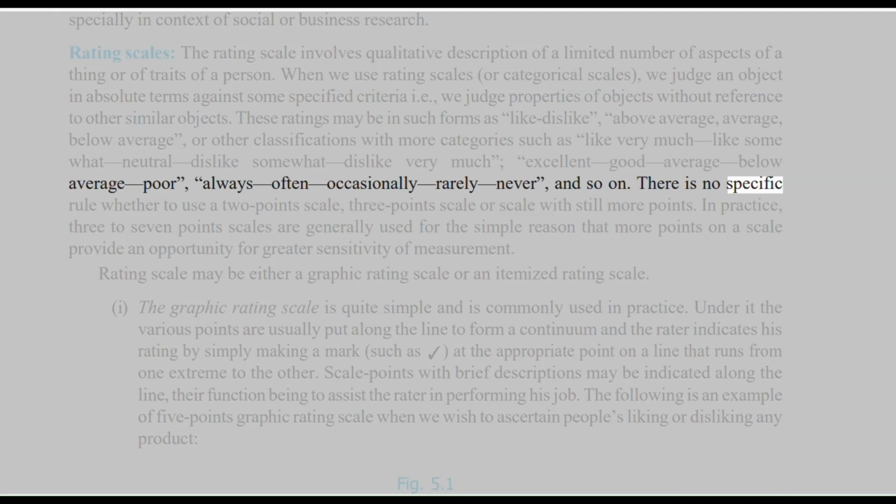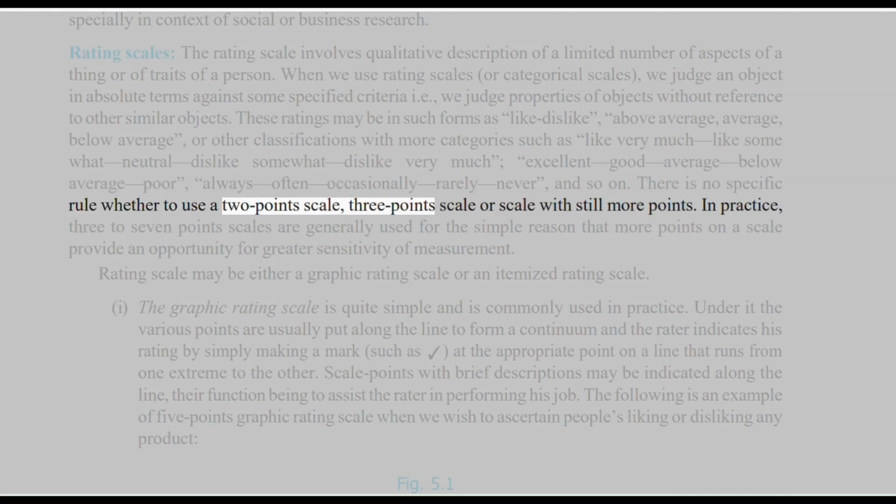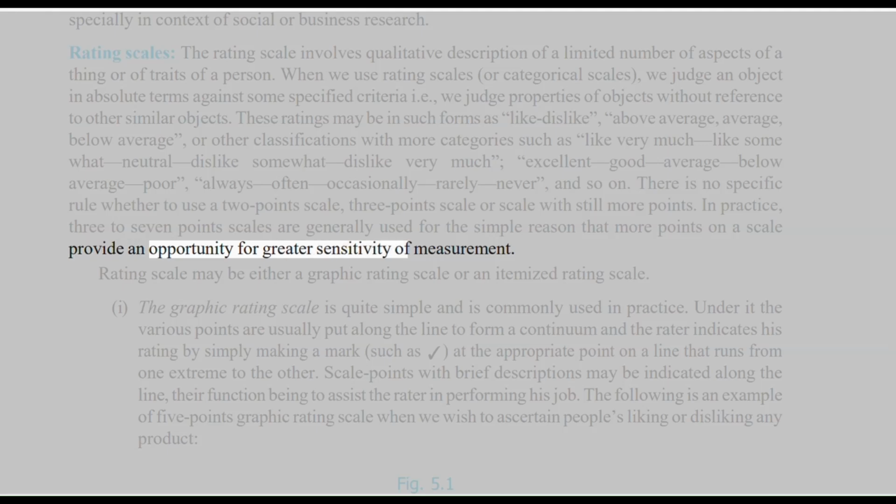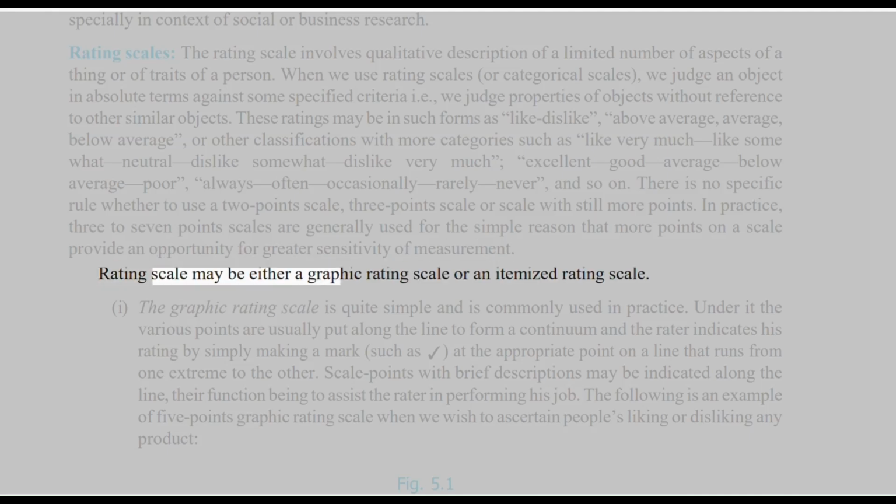There is no specific rule whether to use a 2-point scale, 3-point scale, or scale with still more points. In practice, 3 to 7 points scales are generally used for the simple reason that more points on a scale provide an opportunity for greater sensitivity of measurement. Rating scale may be either a graphic rating scale or an itemized rating scale.